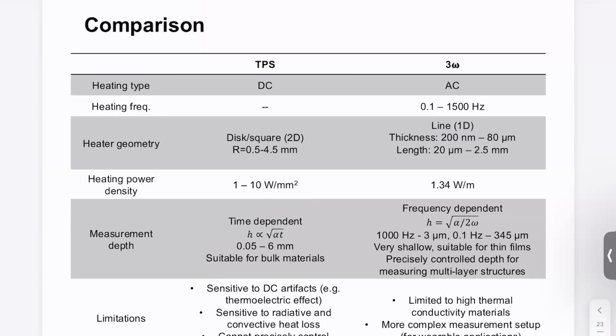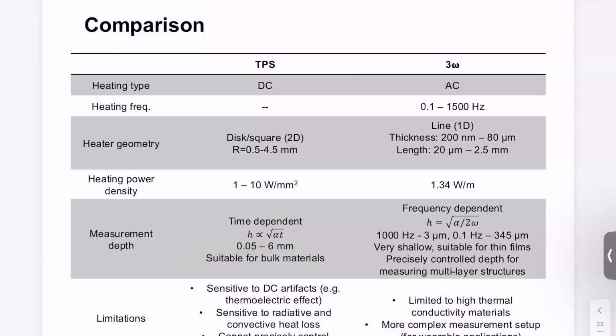The longer you measure, the further your heat diffuses. So the measurement depth is time dependent. It is proportional to square root of alpha t. So your measurement depth increases over time. So TPS is suitable for measuring bulk materials. The typical measurement depth is 0.05 to 6 millimeters. So it's suitable for bulk materials.